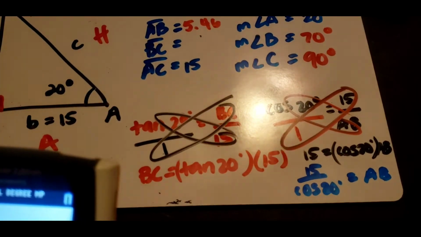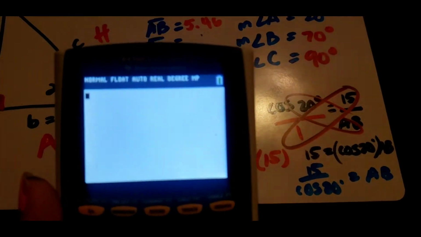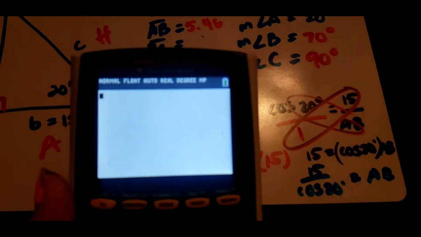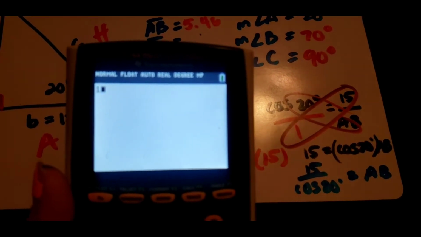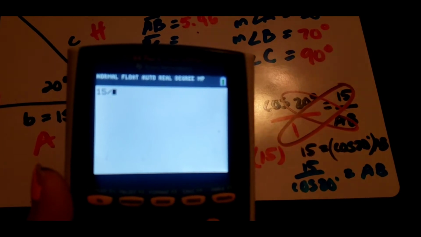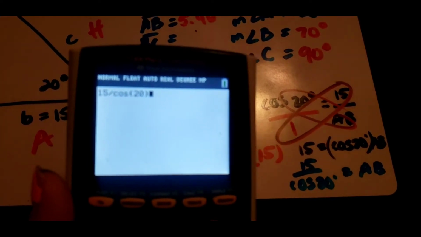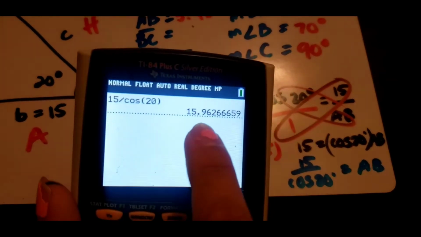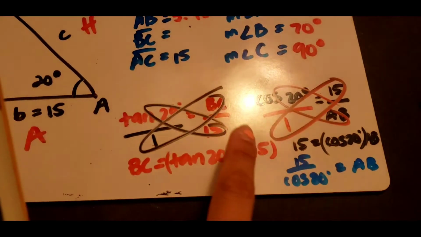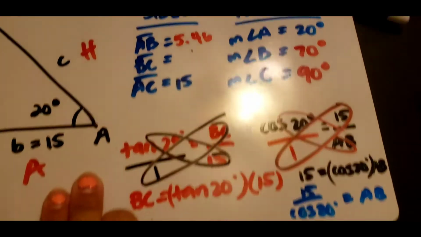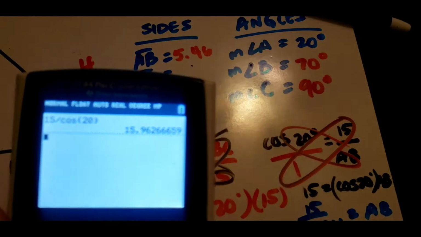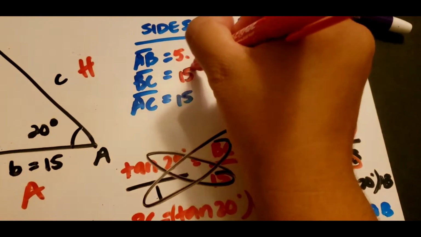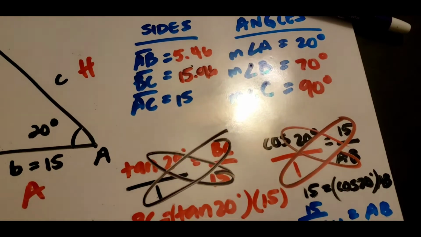I don't use the calculator sooner than that, to be honest. So here we go. So 15 divided by cosine of 20. And it's 15.96. And since earlier I had 2 decimal places, I'm going to stick to 2 decimal places as well. 15.96.